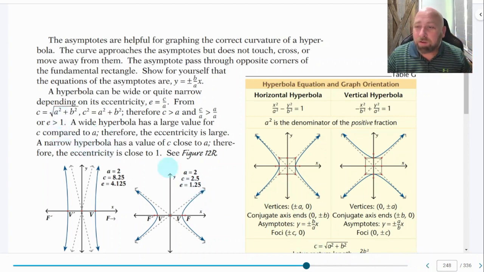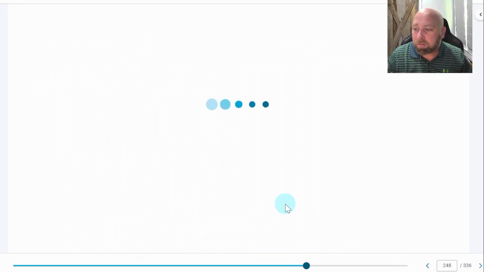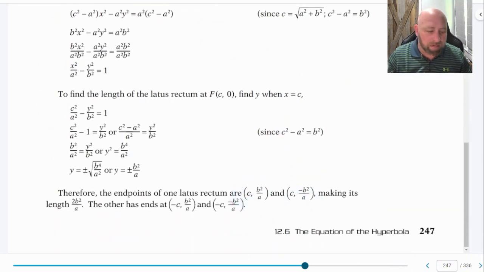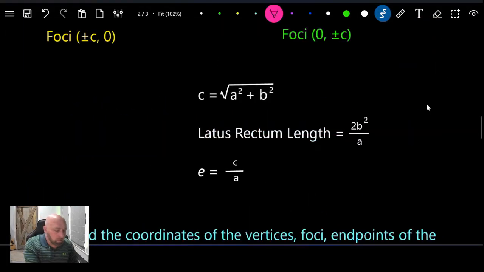But anyways, we'll go back over here and we'll find those by using this little formula right here. You'll need to write this down. So let's go back over here and write this down. So again, we want the latus rectum endpoints. Okay, there's going to be 4 of these because we have each endpoint and then we have it for 2 different latus rectums. So let's go ahead and, using this and what's in your book, write these down.